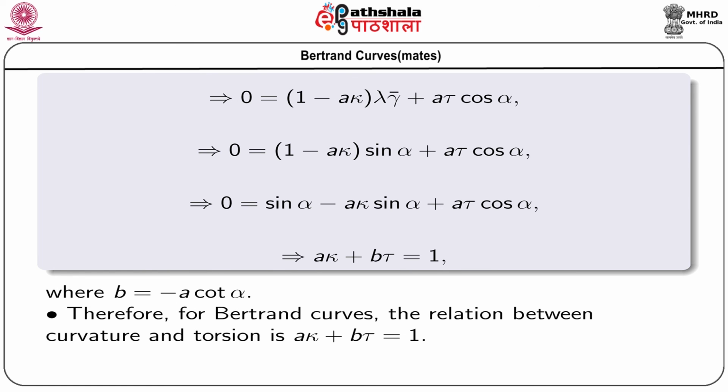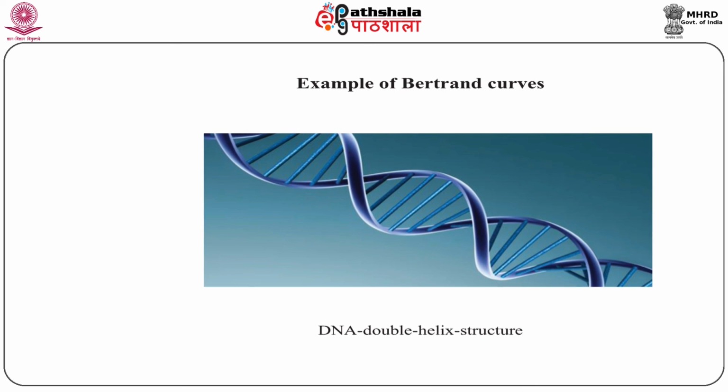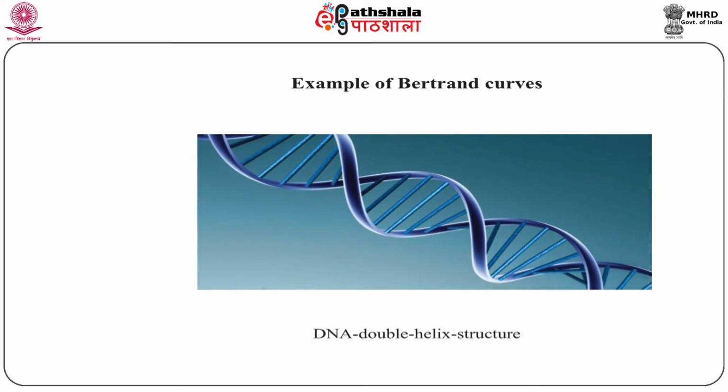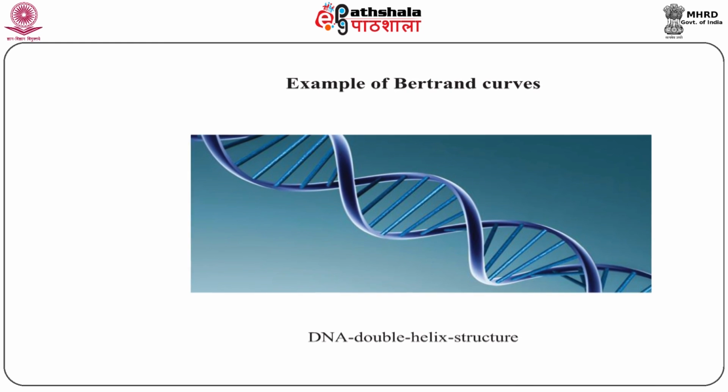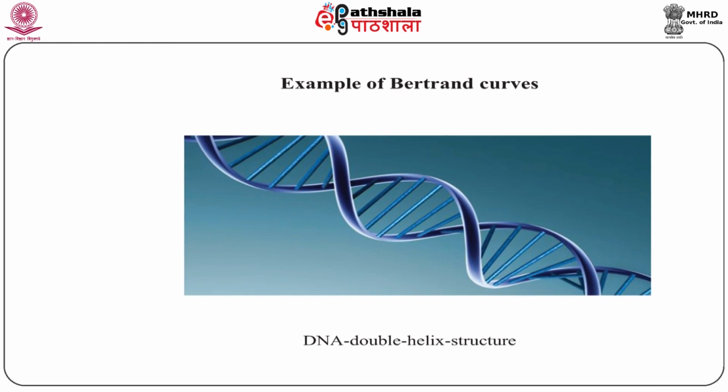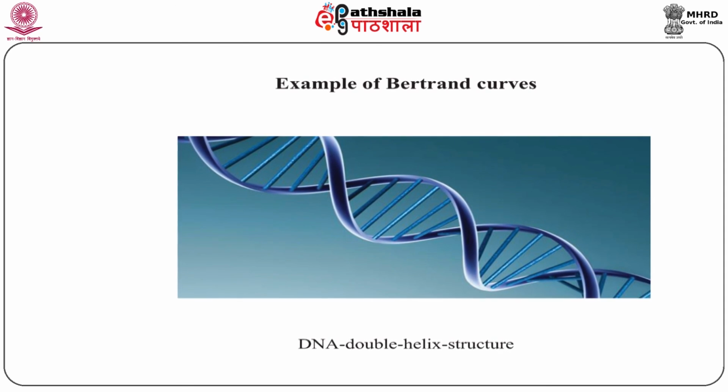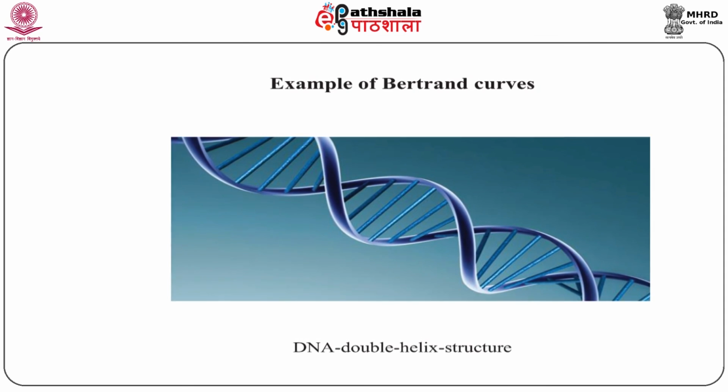Therefore, for Bertrand curves, the relation between curvature and torsion is a kappa plus b tau equals 1. An example of Bertrand curves can be seen in the structure of DNA, which has a double helical structure.